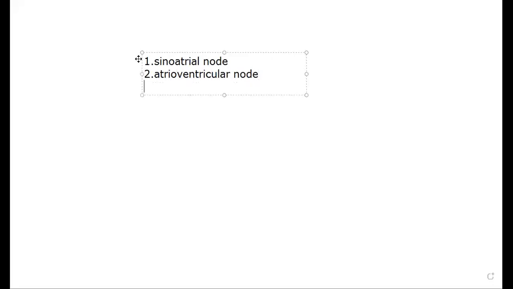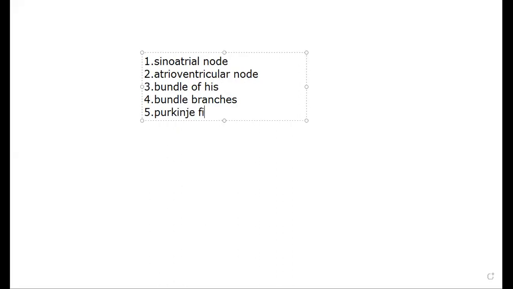From there, what we call the bundle of His. From the bundle of His, we have what we call the bundle branches. From the bundle branches, we have the Purkinje fibers.